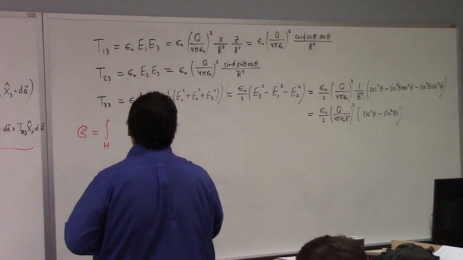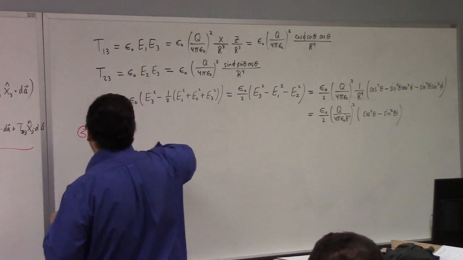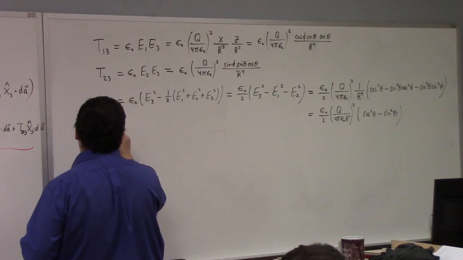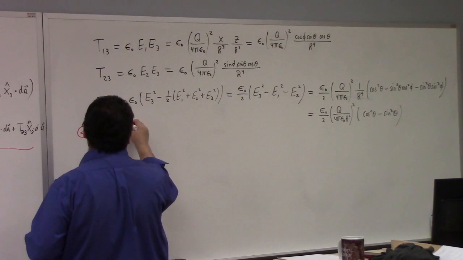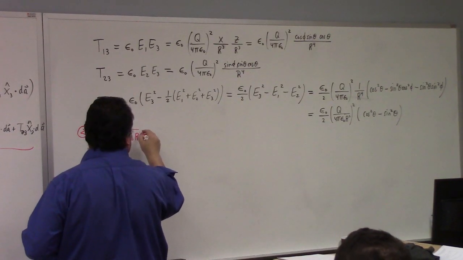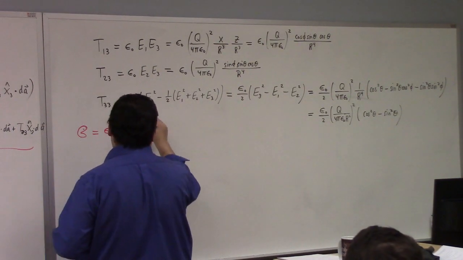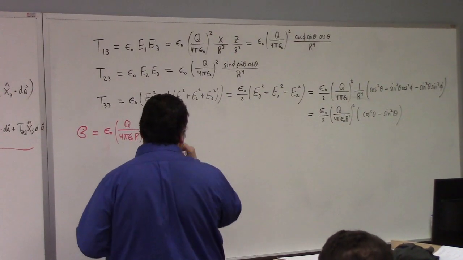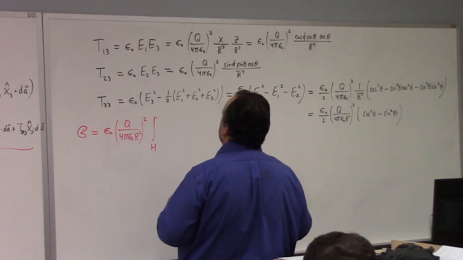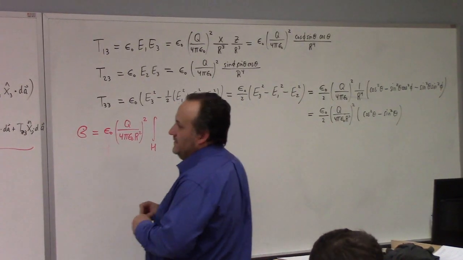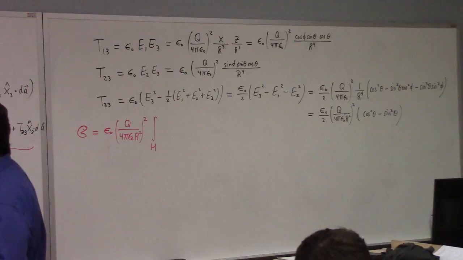And there is that stupid factor of epsilon naught q over 4 pi epsilon naught r squared, quantity squared. That's everywhere. Let's just pull that thing out front. Integral over h. All right, so now we need to take the dot product with dA.